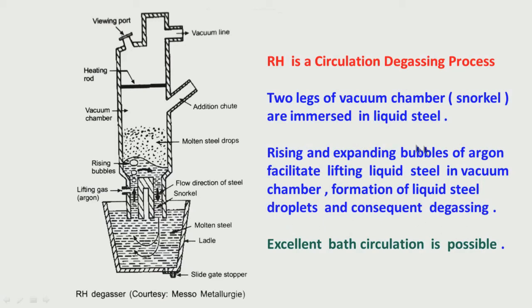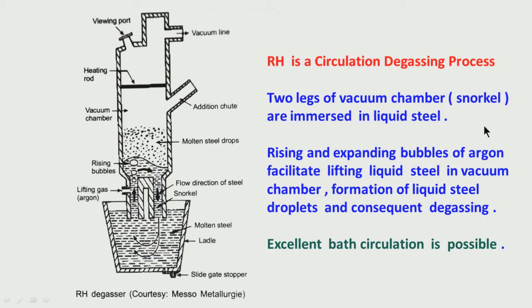As I had told you how degassing takes place, degassing takes place at the interface of the liquid steel and the gaseous phase. So, if we can create droplets of liquid steel, this degassing reaction is enhanced, because the transportation of hydrogen and nitrogen from the bulk to the interface will be enhanced.